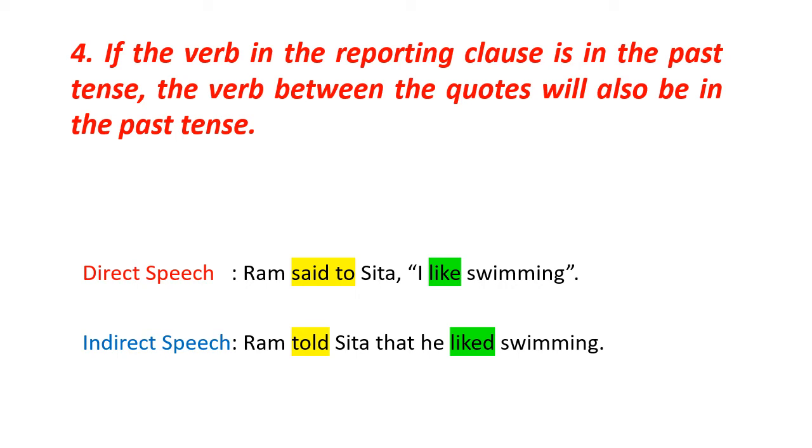And in the reported part, "I like swimming" becomes "he liked swimming" in indirect speech. Hope this is clear. If the reporting clause is in the present tense, the verb between the quotes is also in the present tense. When the reporting clause is in the past tense, the verb between the quotes will also be in the past tense.